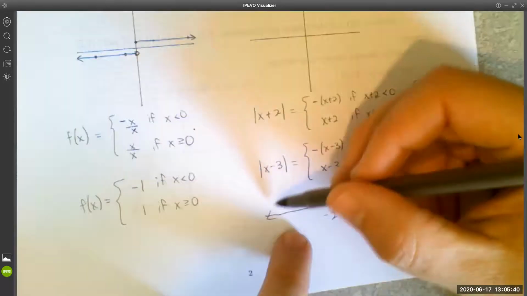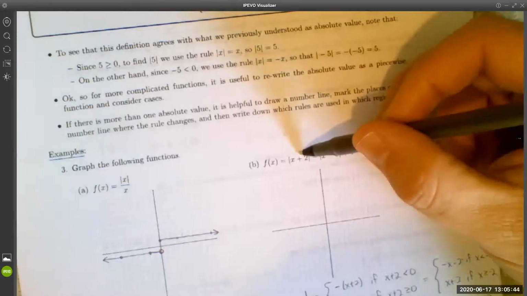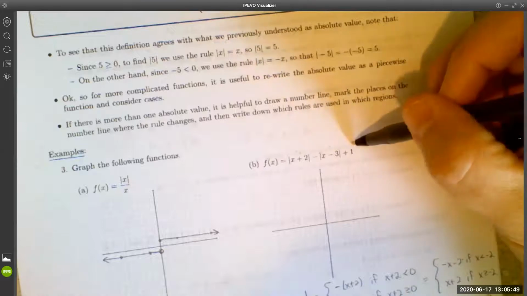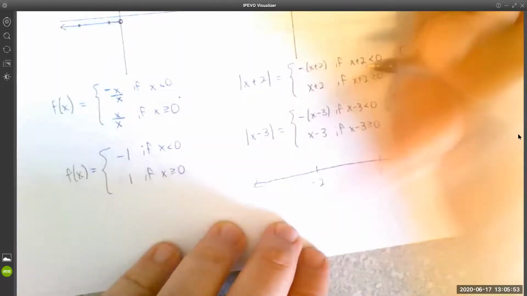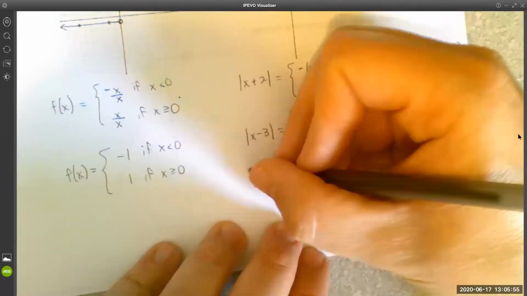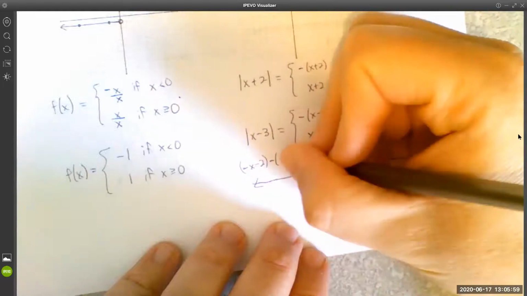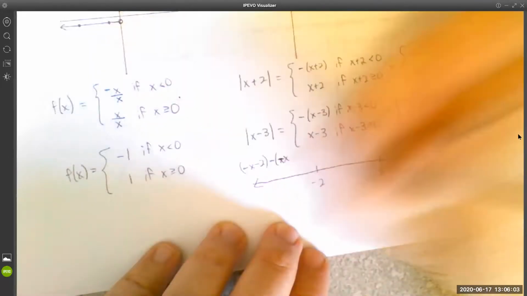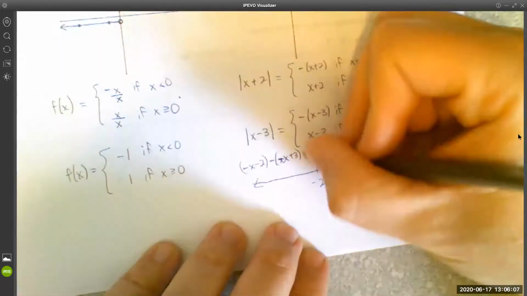So in this region right here, f of x is going to be negative x minus 2 minus negative x plus 3 plus 1. Right? So here the function is negative x minus 2 minus negative x plus 3 plus 1.